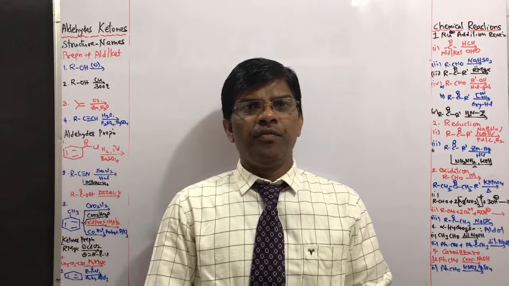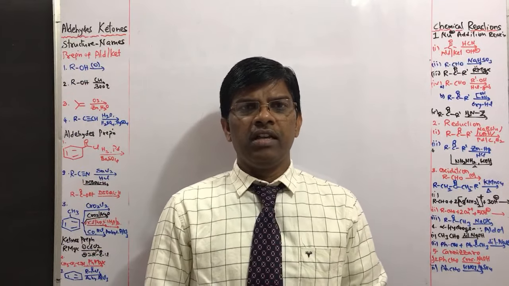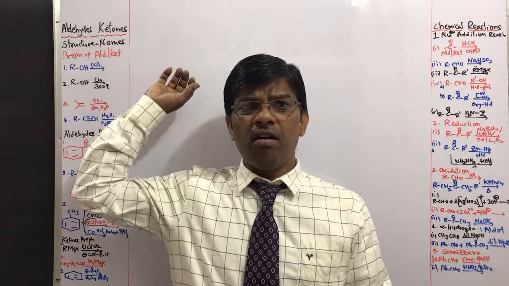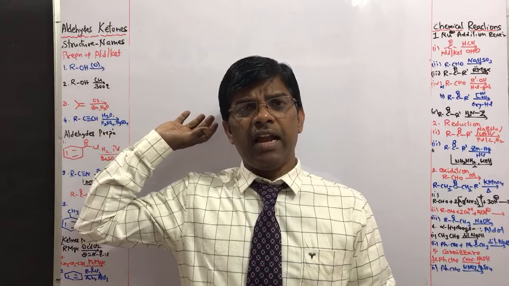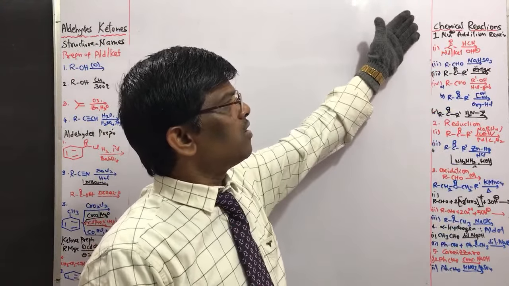Dear students, we have been learning the aldehydes, ketones and carboxylic acids chapter. Just now we have completed preparation methods of aldehydes and ketones, and next we have come to chemical reactions of aldehydes.